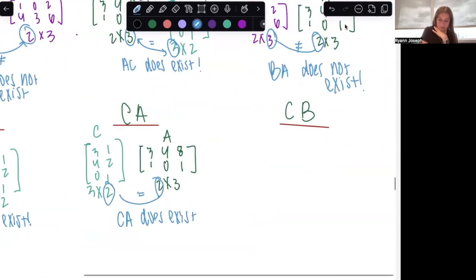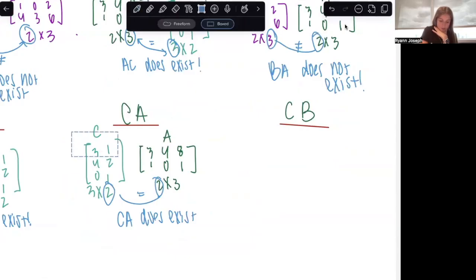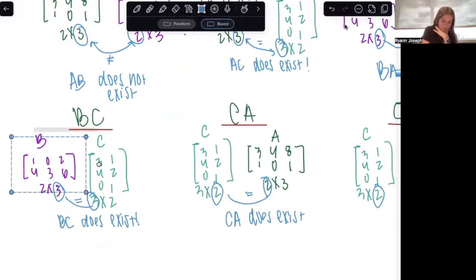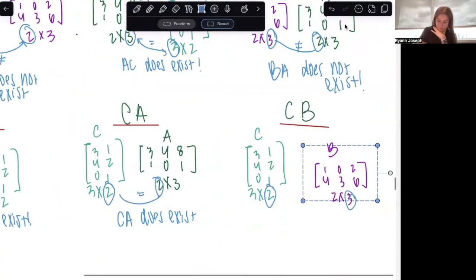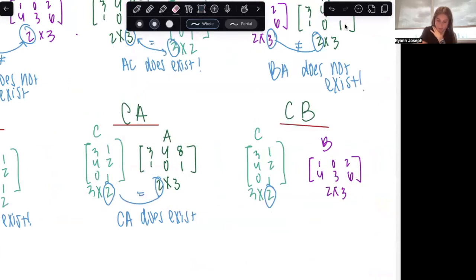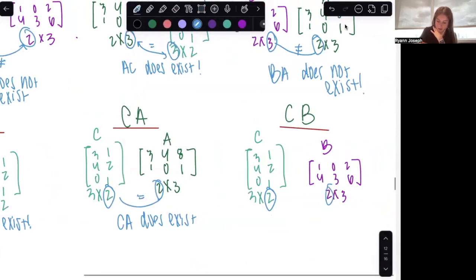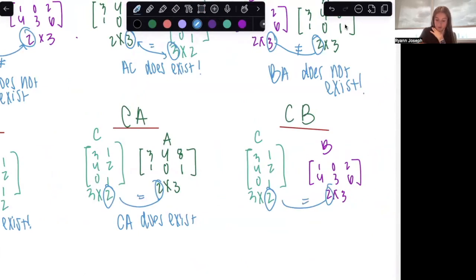And lastly, CB, got my C, and I got my B. Comparing my inner numbers, 2 and 2, they are equal, so CB does exist.